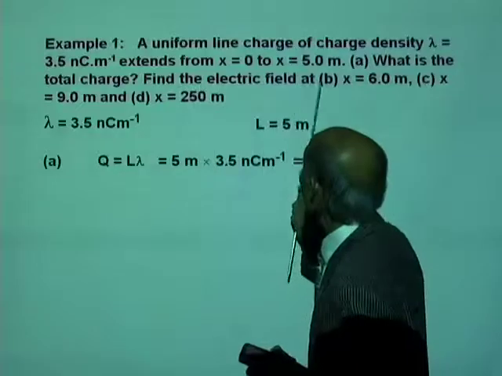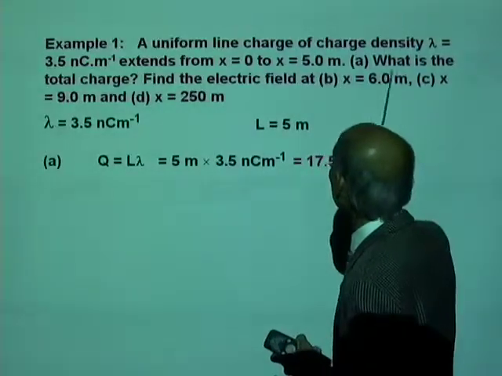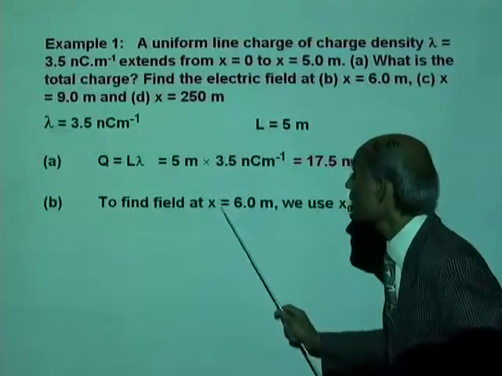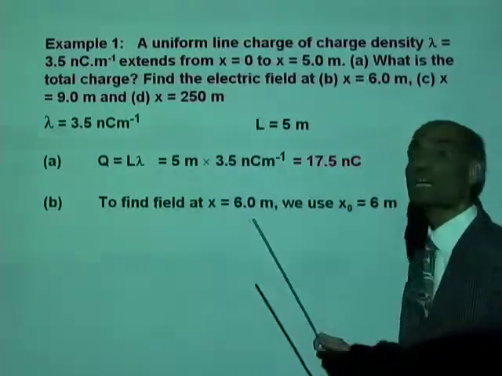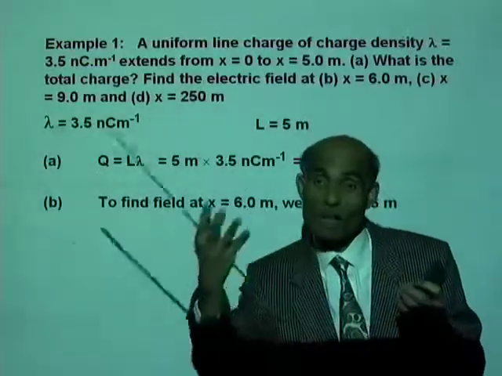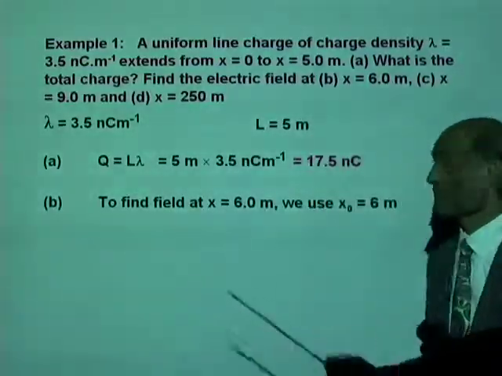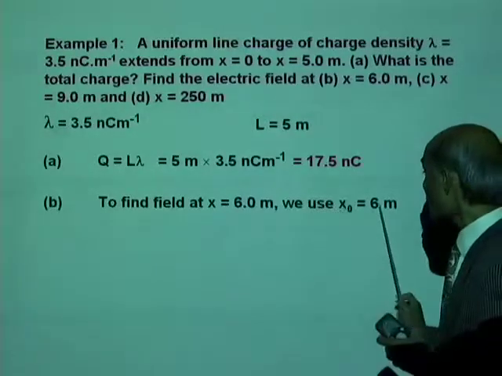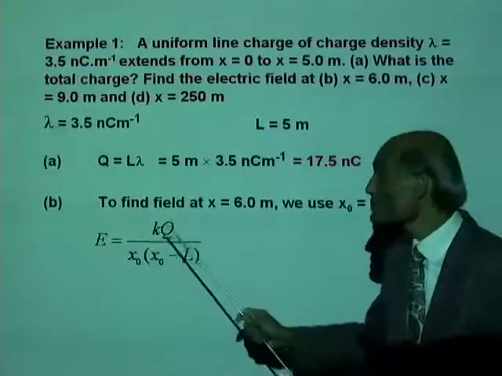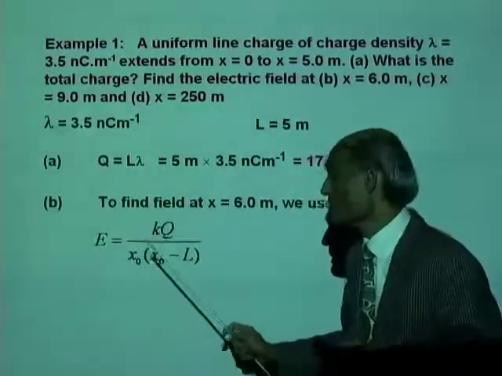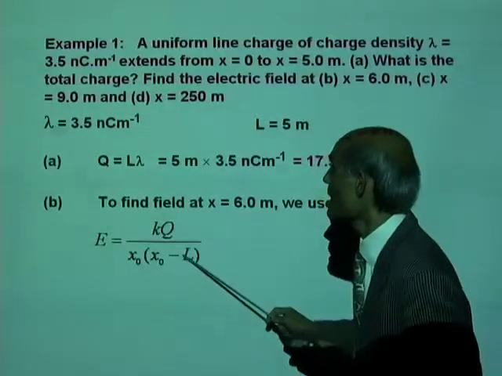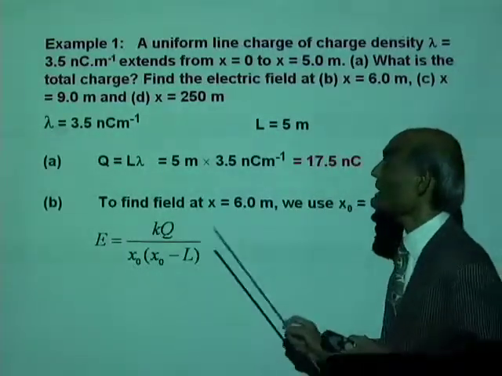Well, now we need to find the electric field at x equal to 6 meter. To find the electric field at x equal to 6 meter, do we use the actual formula or the approximate formula? Well, our x0 equal to 6 meter, so we need to use the exact formula, E equal to kq over x0 times (x0 minus L).